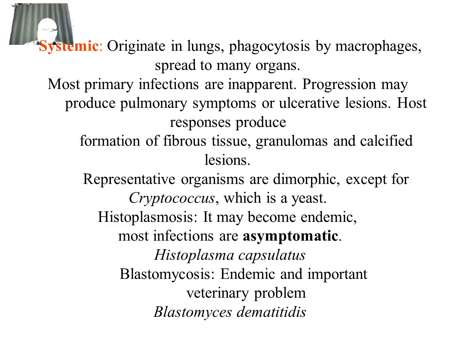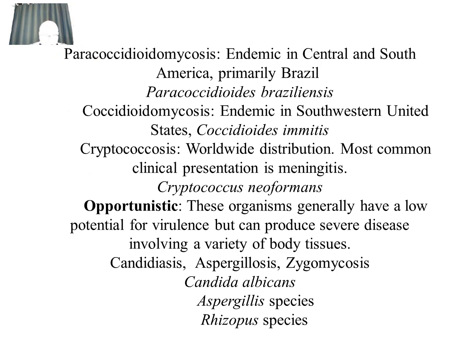Histoplasmosis is very common in post-TB patients with cavities, and is commonly associated with bats. Then we have blastomycosis, endemic and an important pulmonary problem, associated with people who handle a lot of animals. Then coccidioidomycosis is endemic in the Southwest United States of America. We also have paracoccidioidomycosis, endemic in Central and South America, primarily in Brazil, caused by Paracoccidioides brasiliensis.